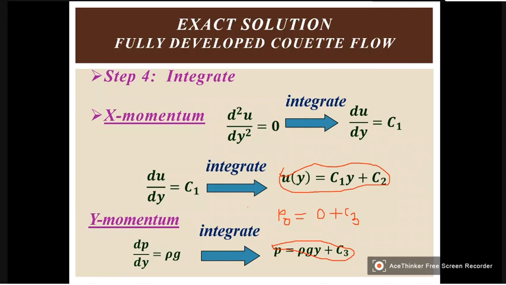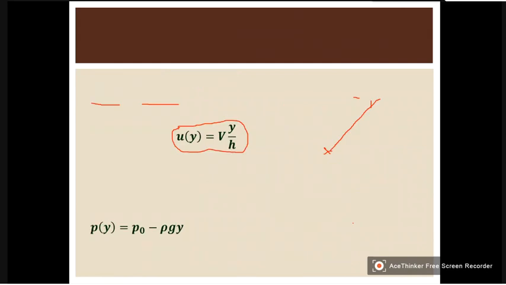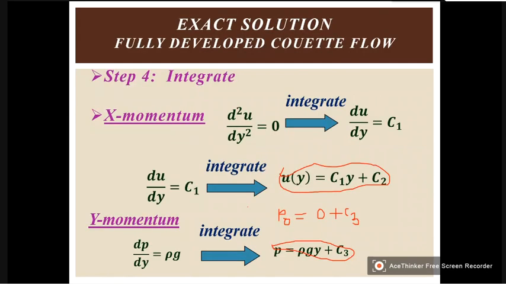P naught is equal to C3. So P is equal to P naught plus rho G y.